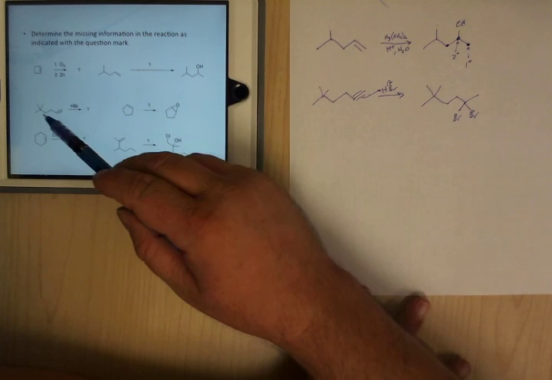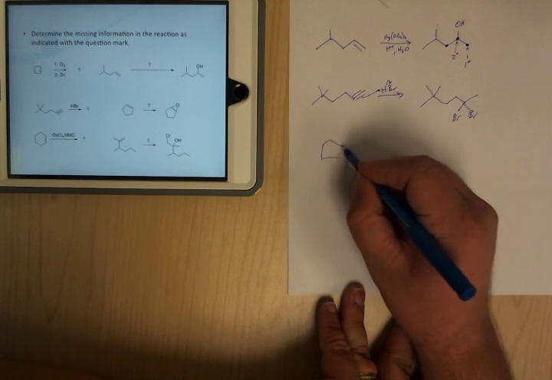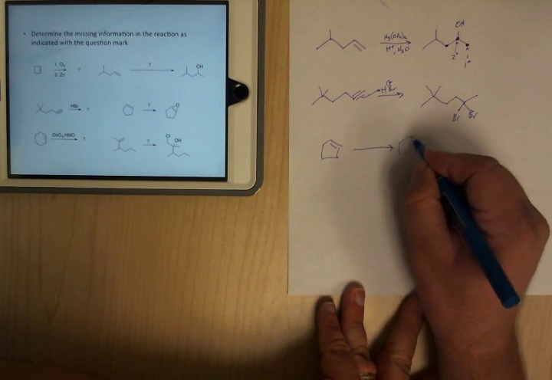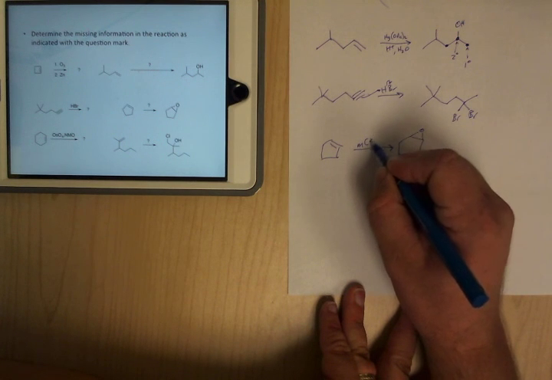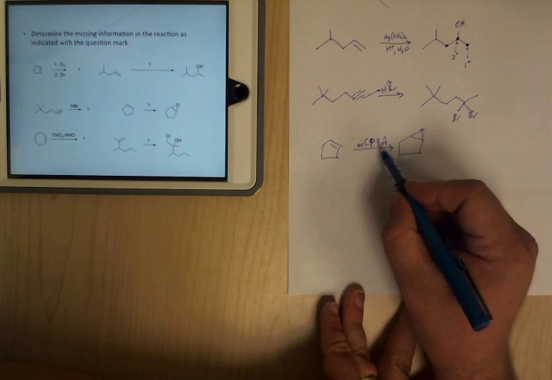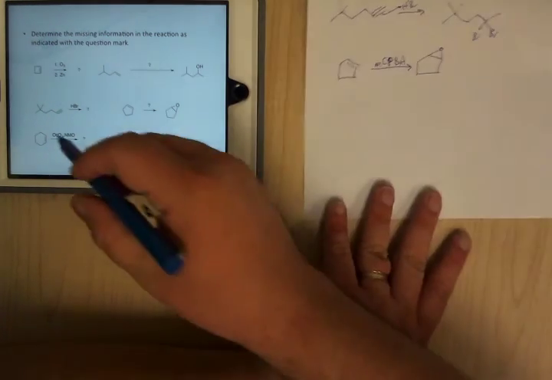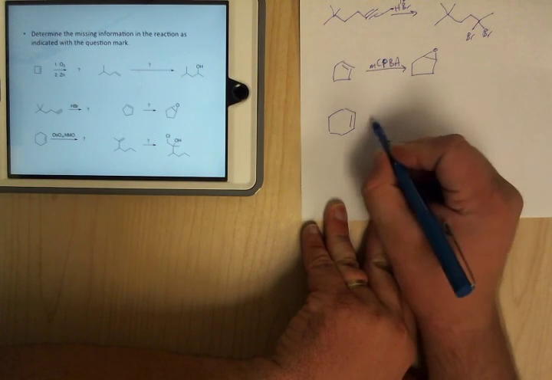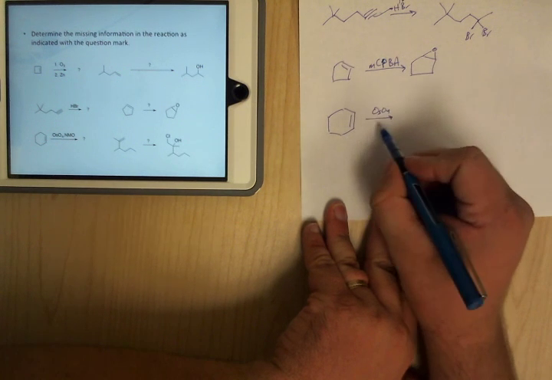Okay, so how do you turn a double bond into an epoxide? That's MCPBA, metachloroperoxybenzoic acid. Okay, so what happens if you have osmium, NMO?